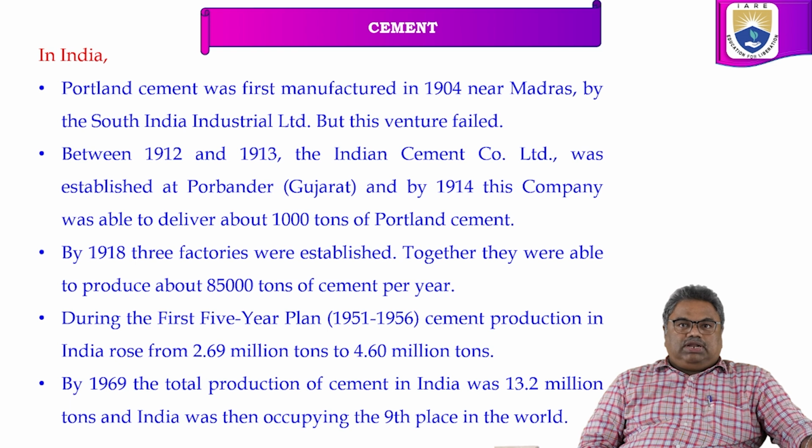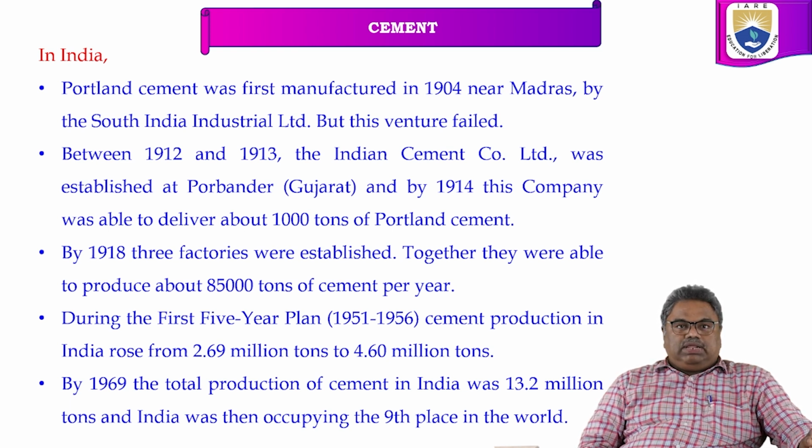Between 1912 and 1930, India Cement Company Limited was established at Porbandar, Gujarat, and by 1914 this company was able to deliver about 1,000 tons of Portland cement. In 1914, the first company to produce Portland cement was India Cements Company Limited.